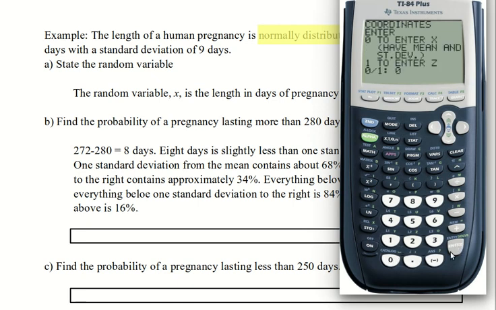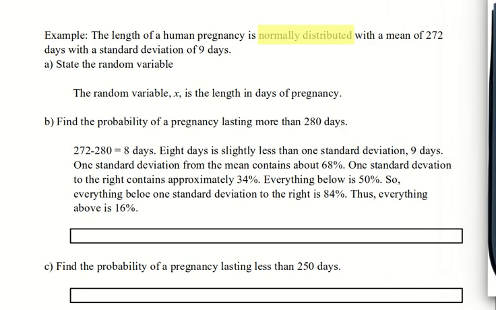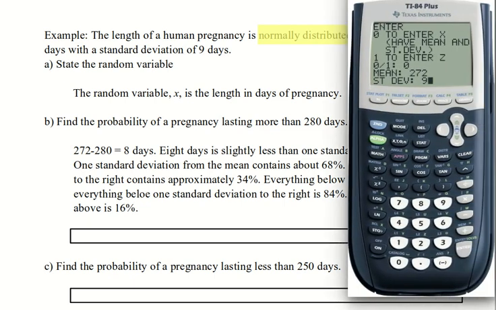We've got our mean and standard deviation. The mean is 272. The standard deviation is 9.